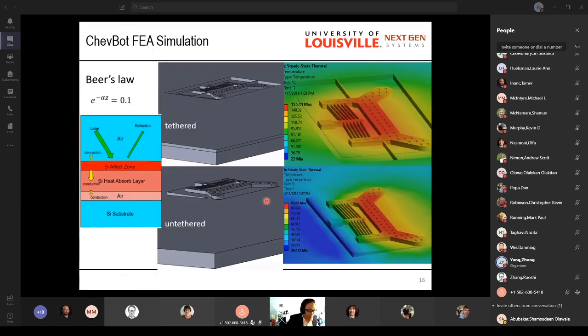A single modeling method can only give you part of the knowledge of the laser-driven locomotive microrobot. The lumped model tells us some story. The FEA, the finite element analysis, can tell us another part of the story.